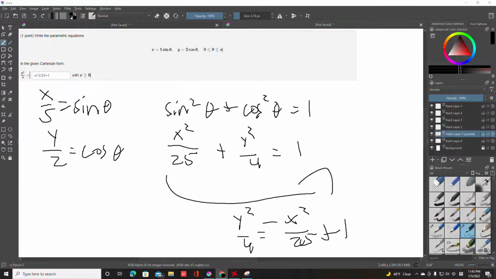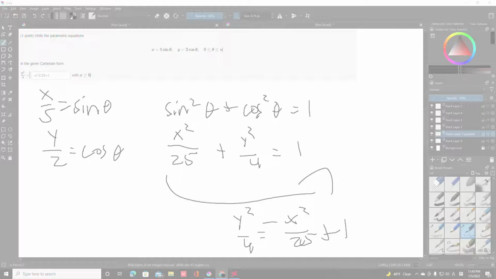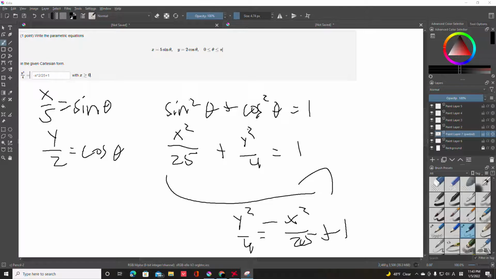Let's see. Oh yeah, let's do the last problem. The last problem without a calculator is pretty brutal, so I'm going to use a calculator. Very time consuming because you have to evaluate a definite integral with a lot of variables in it.